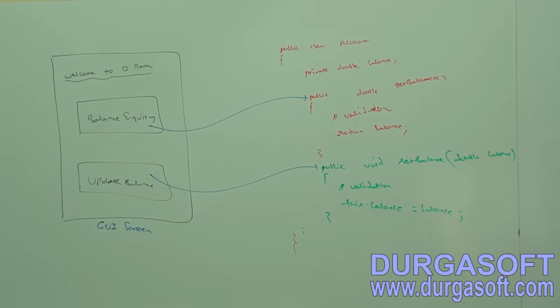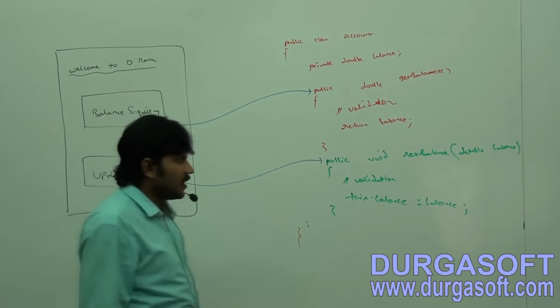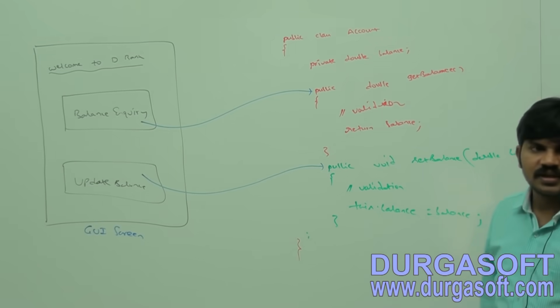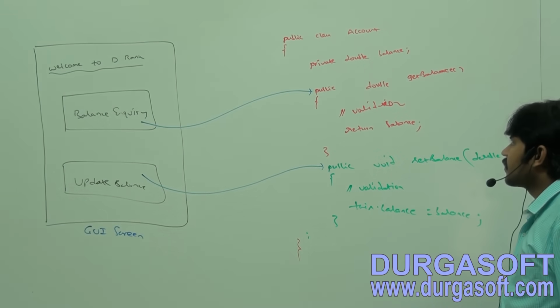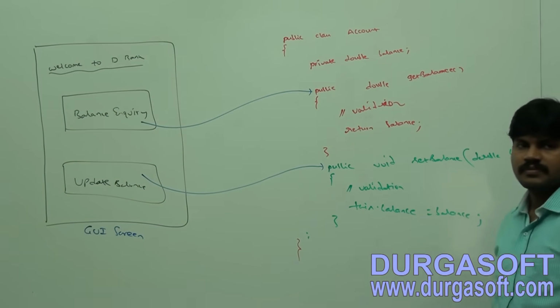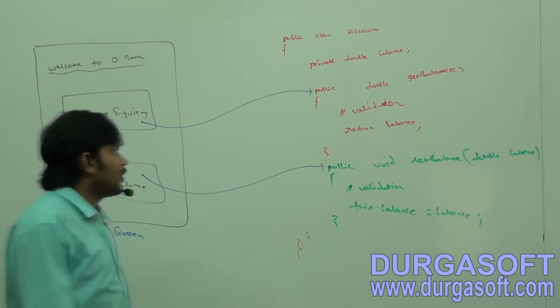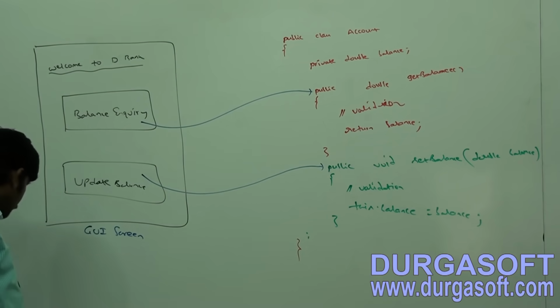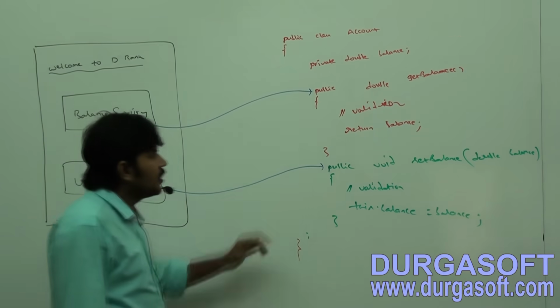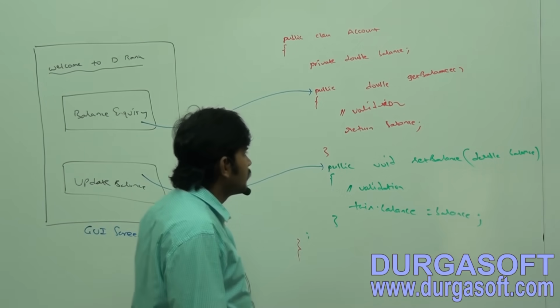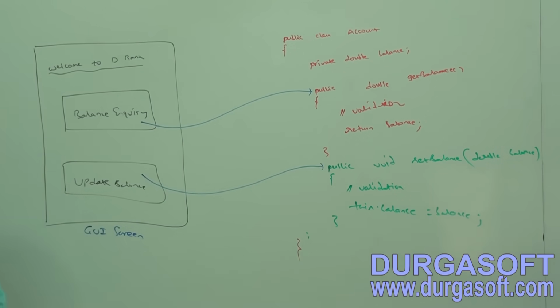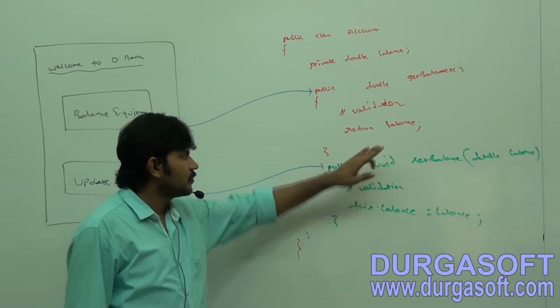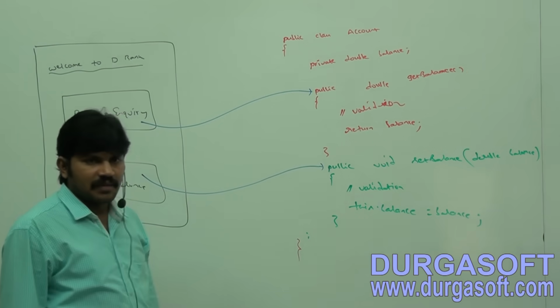Okay, take this example clearly. Public class Account. Private double balance. Next, public double getBalance, and here we have to perform validation, then return balance.